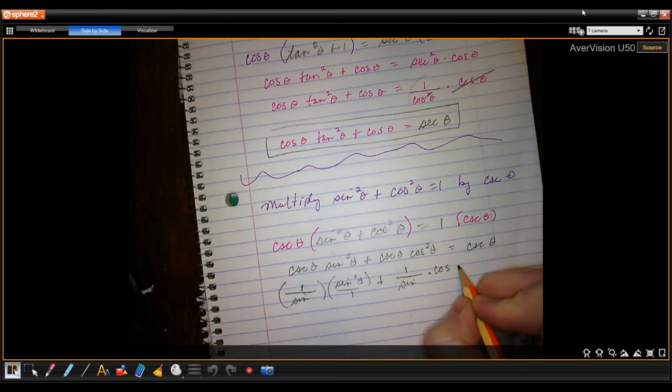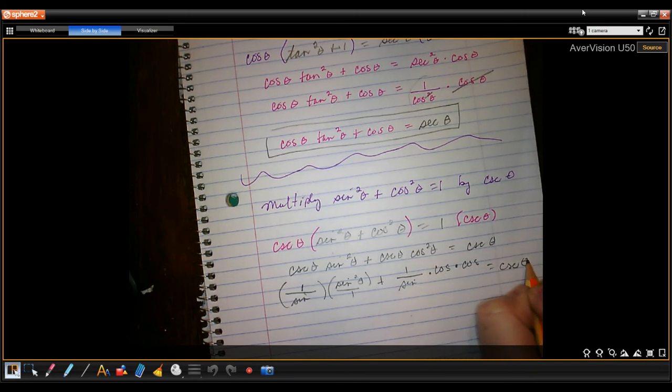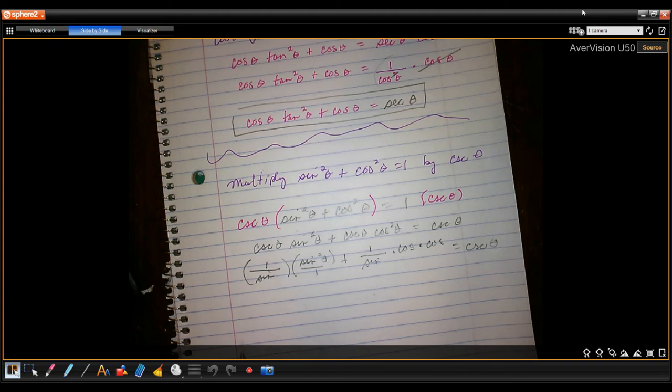Let's see, what else can we do? And what I did here, I'm going to go one step further. 1 over sine times cosine, because I know cosine over sine is cotangent, and then times cosine equals cosecant. So let's see what we got.